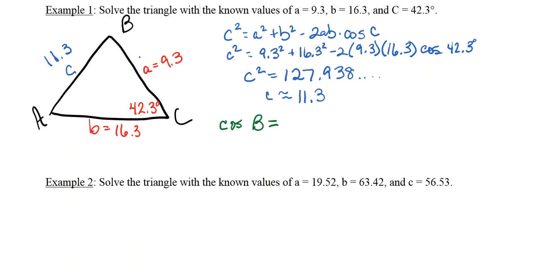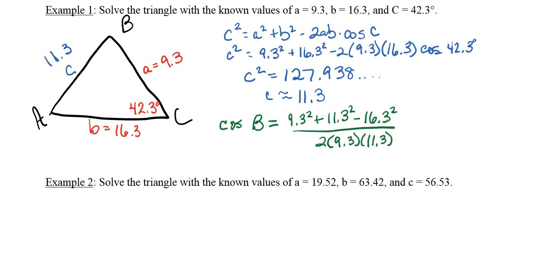So we're going to do A squared, which is 9.3 squared, plus C squared, which is 11.3 squared, minus B squared, which is 16.3, divided by 2 times 9.3 times 11.3.